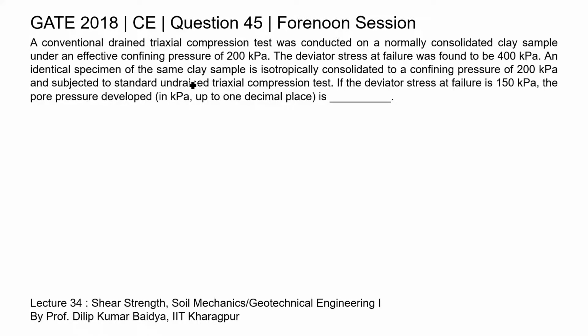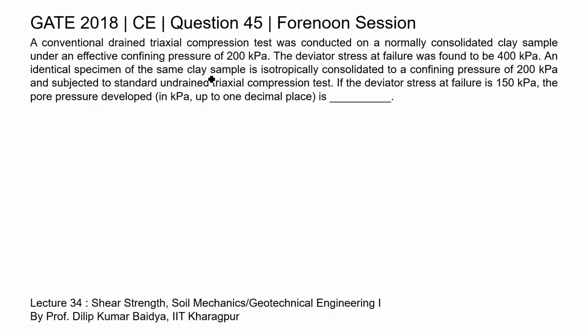An identical specimen of this same clay sample is isotropically consolidated to a confining pressure of 200 kPa and subjected to standard undrained triaxial compression test. If the deviator stress at failure is 150 kPa, the pore pressure developed is.